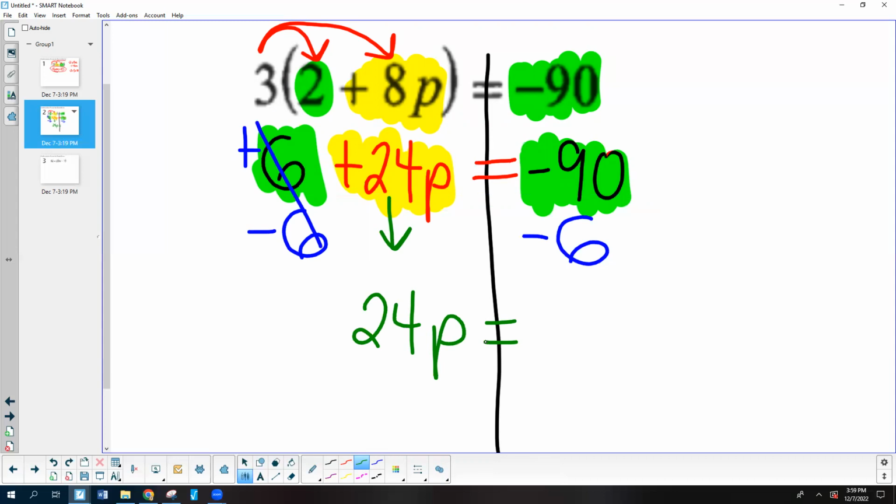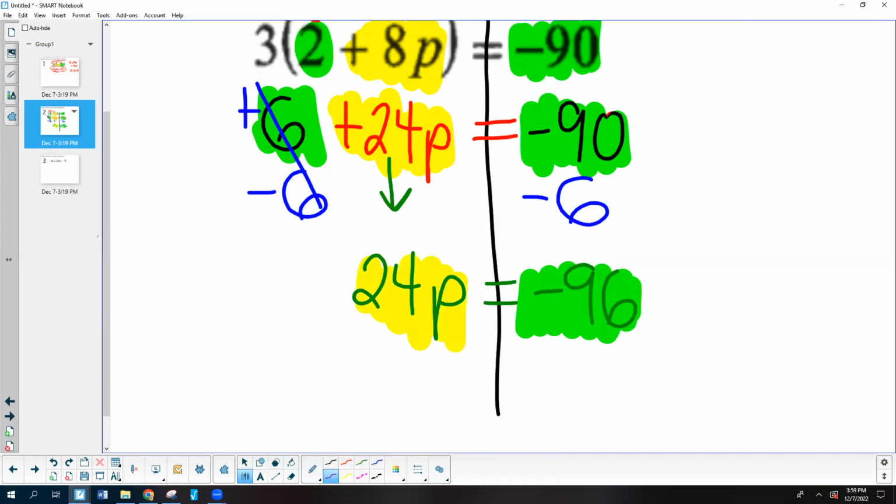Make sure you plug that in your calculator because it's going to be negative, oh my gosh, -96. And then finally, notice guys, we've got all of our variables on one side, all of our constants to the other side. So we can actually go ahead and solve now. Reminder to y'all that in between 24 and p is actually multiplication. So to undo that multiplication, we're going to divide both sides by that number in front.